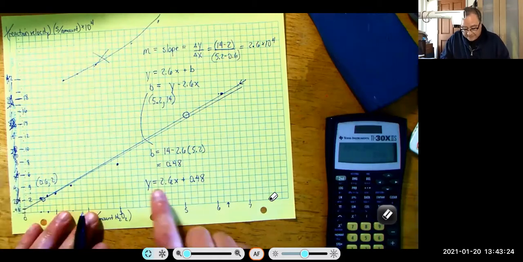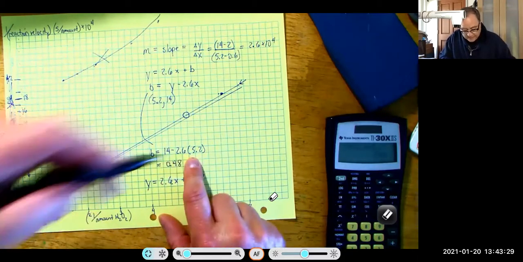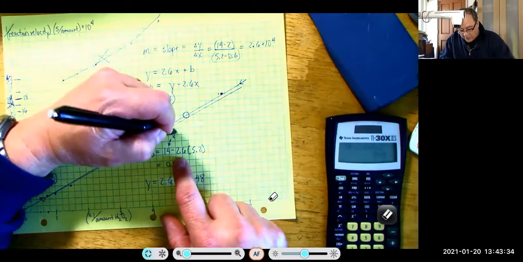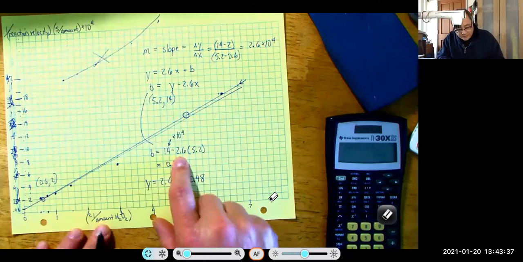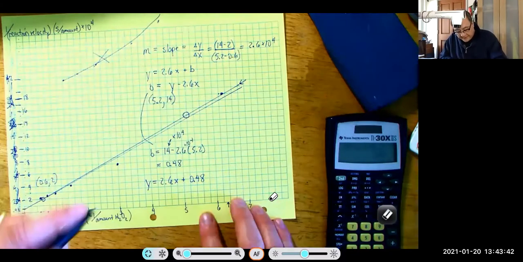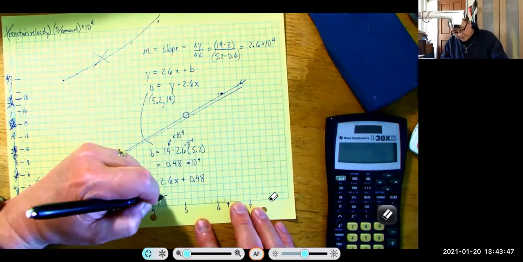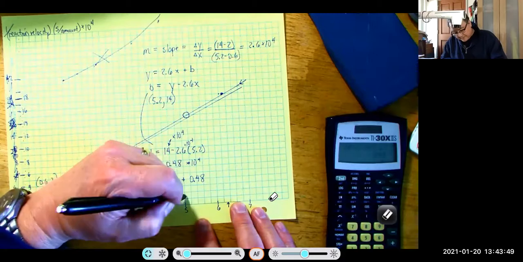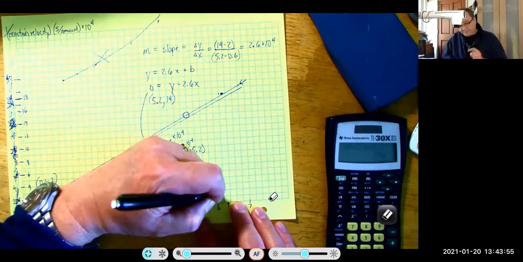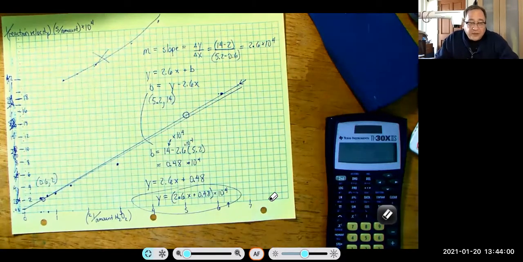Likewise, down here, this is really times 10 to the 4. And the slope really should be times 10 to the 4. So my real equation looks like this. And there you go. That's the equation.